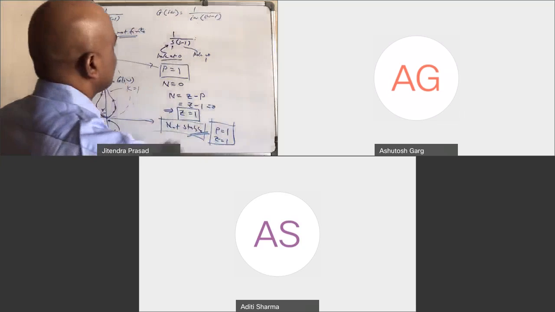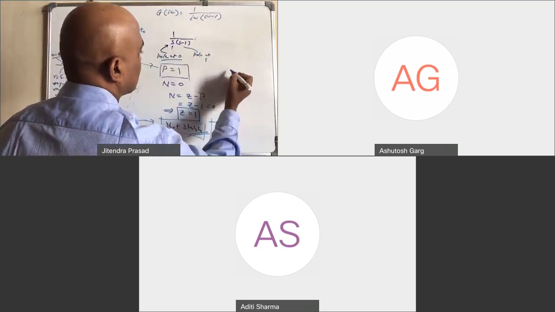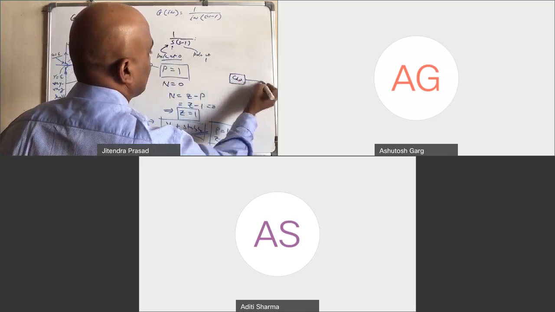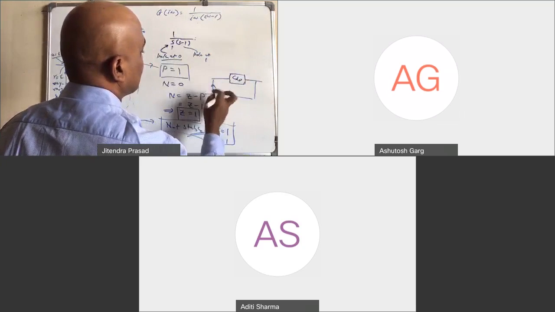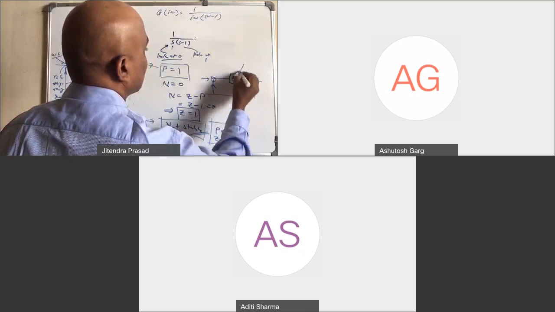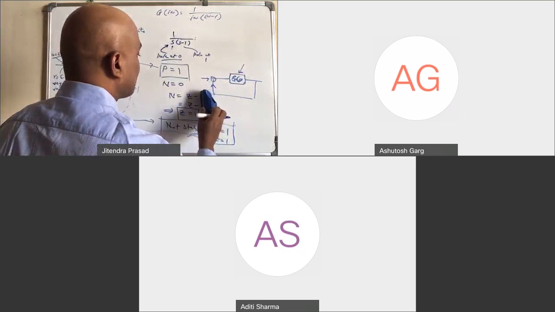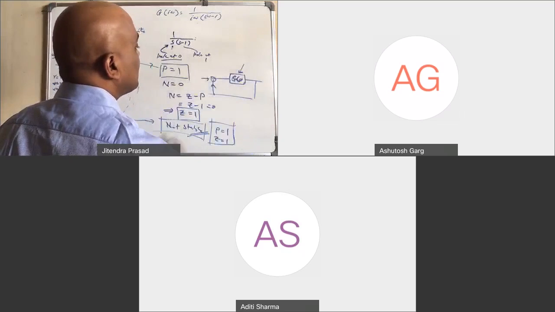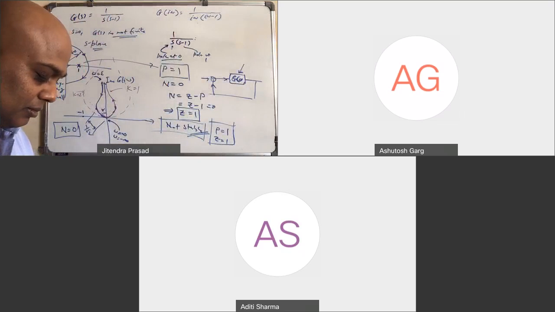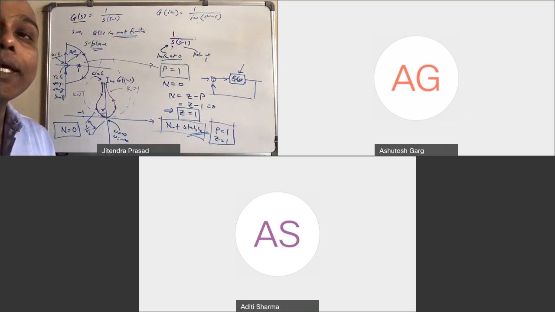What it tells you is, when you have the GS, let us say you have a GS like this one, and then there is a unit feedback loop like this one, and then just testing the GS, you are just looking at the GS, you are going to check the stability for the complete system, the closed loop system. Got it? Okay. Here, sir, it has nothing to do with K.